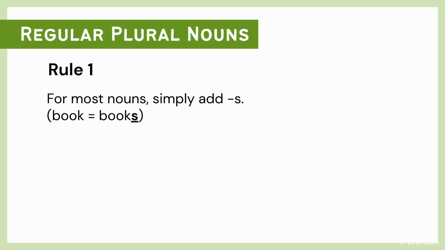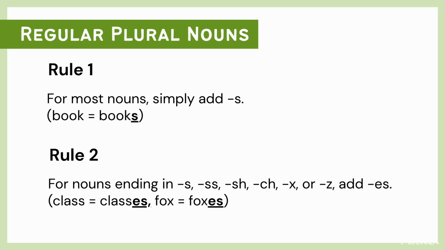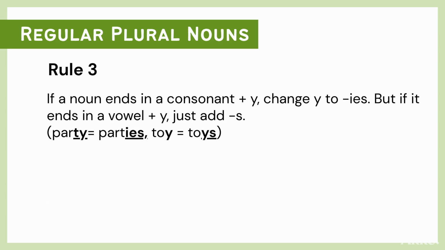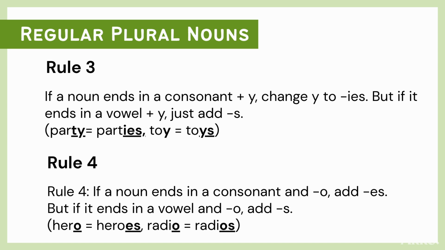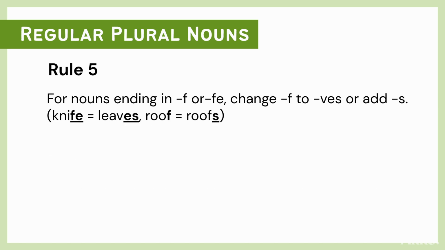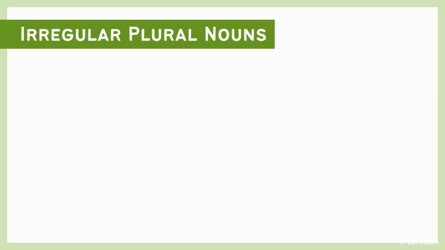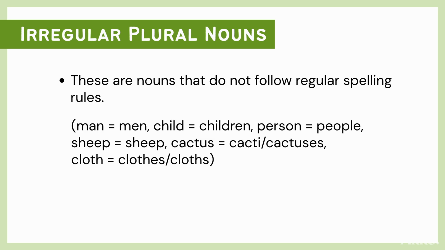From the word regular, these are the nouns that follow the normal rules for making plurals, such as adding s, es, changing y to ies, or f and fe to ves. And lastly, irregular plural nouns. Irregular means they don't follow the normal or the regular spelling rules. Sometimes they have vowel changes, sometimes they have no changes at all, or they can also have special forms.